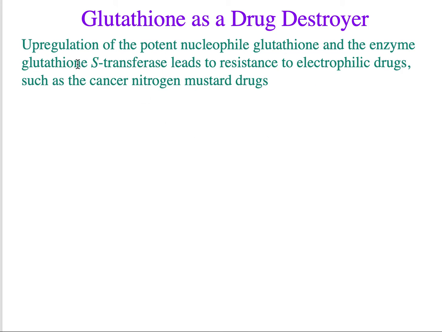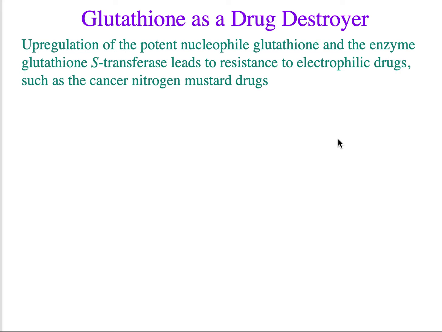Okay, so something that cancer cells do a lot is upregulate glutathione. Glutathione is a really potent nucleophile, and it's not that your cells don't have it anyways. They have glutathione hanging around. It helps your cells control the redox environment in the cell.